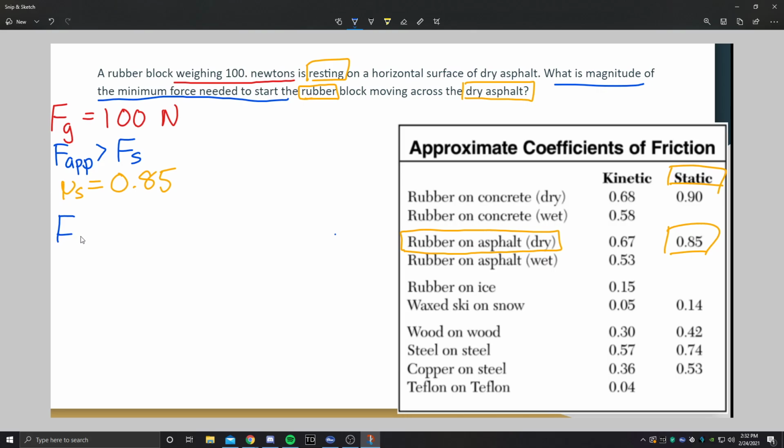And how do we calculate our force due to static friction? Well, we just do the same formula for force due to friction. So we just plug it all in. Fs is equal to μs Fn, and we know that Fn is equal to Fg.